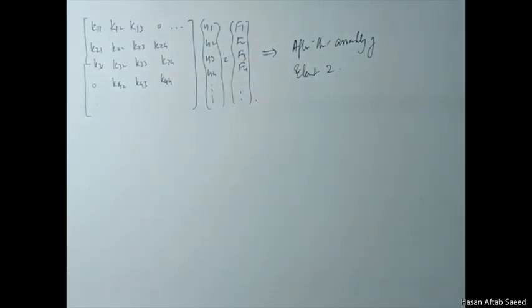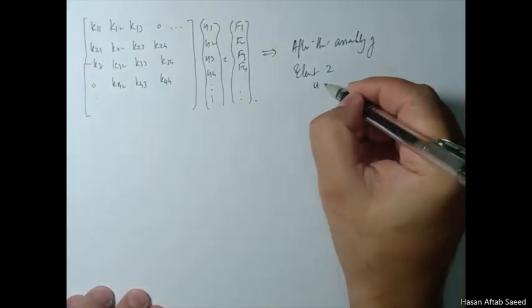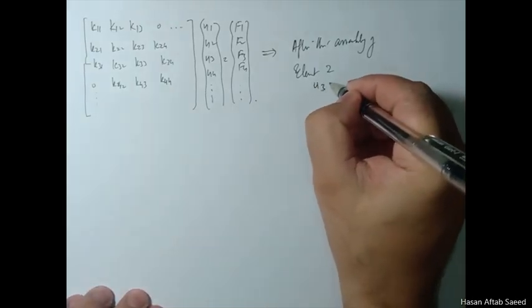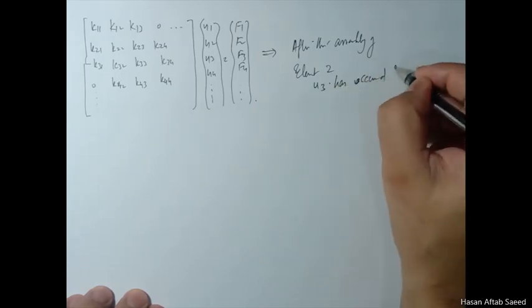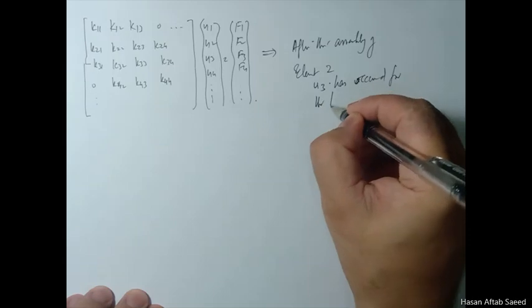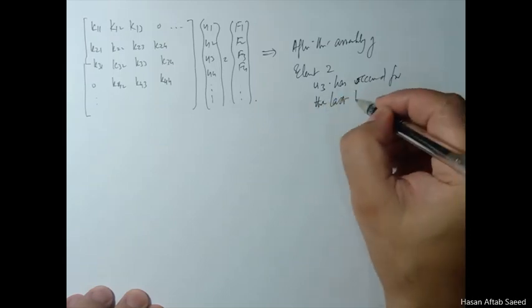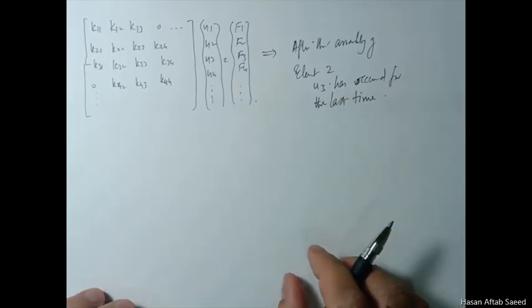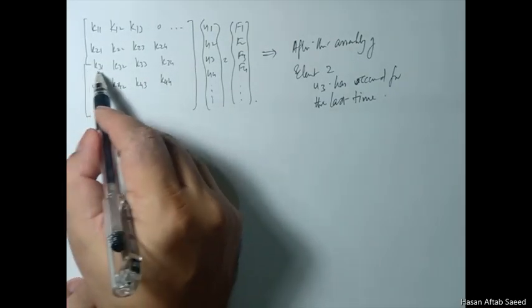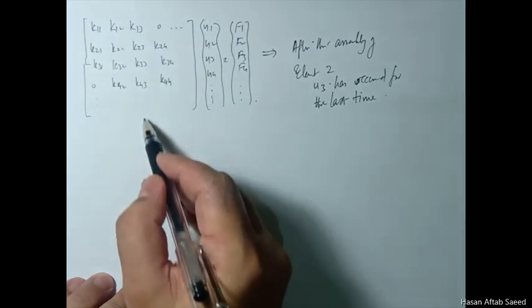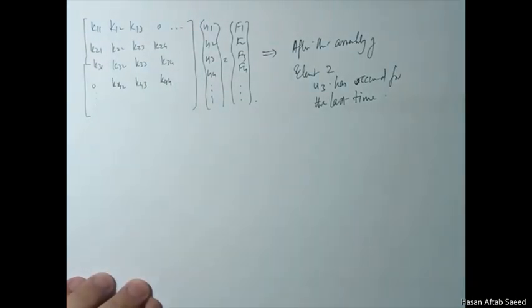Now the connectivity table has told us that u3 has occurred for the last time. Now if that is so, then we can eliminate this row and this column.